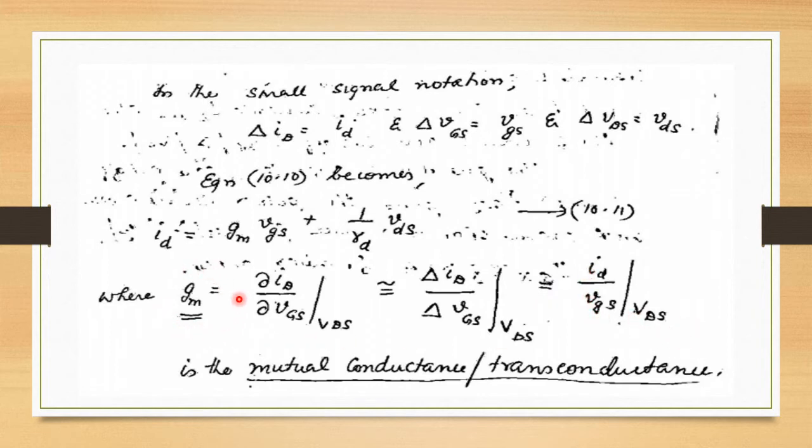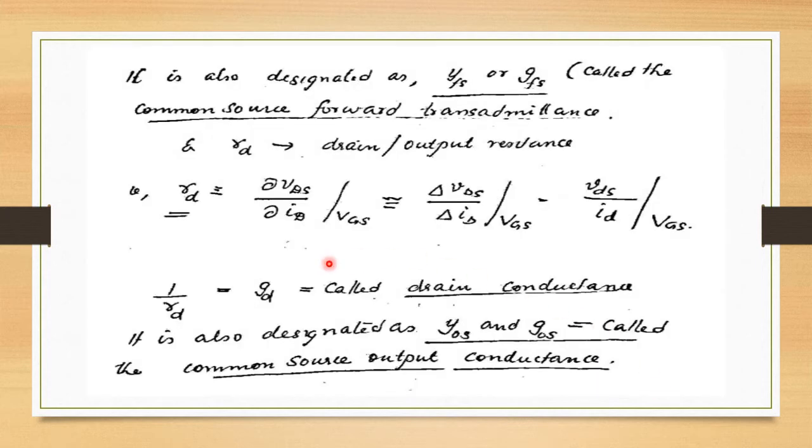This term GM is called the mutual conductance or transconductance of the FET. It is also designated as YFS or GFS. It is also called the common source forward transadmittance.